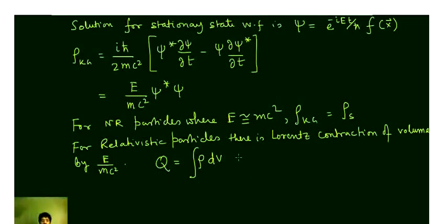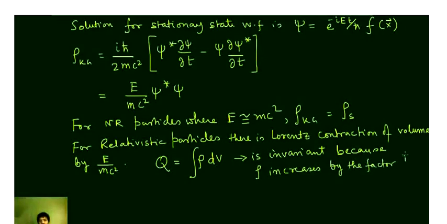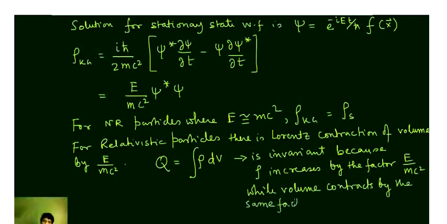So the Q is invariant because rho increases by the factor E by m c square, while volume contracts by the same factor.